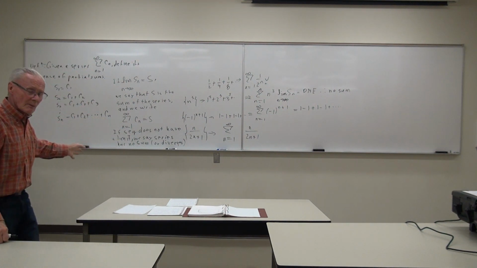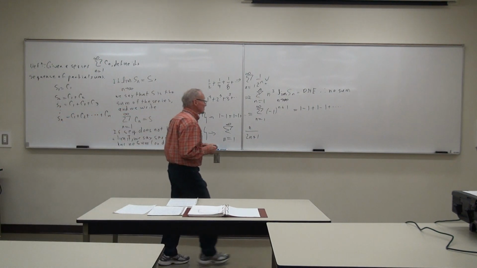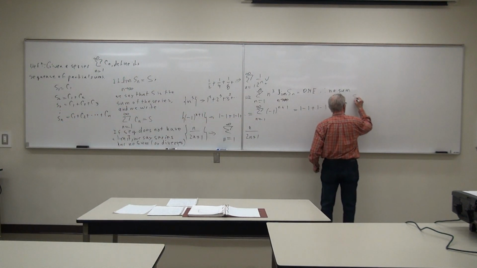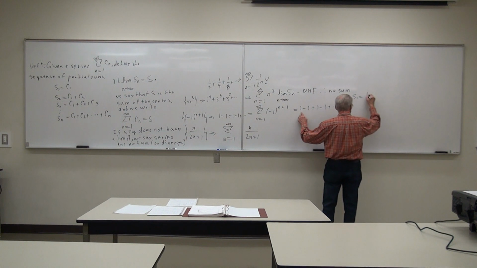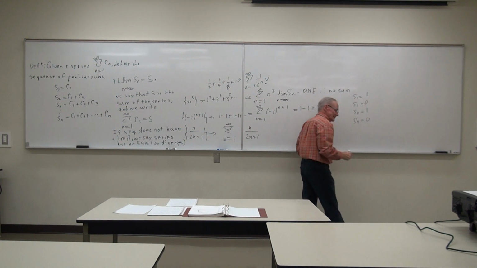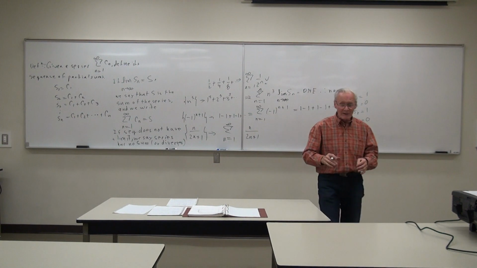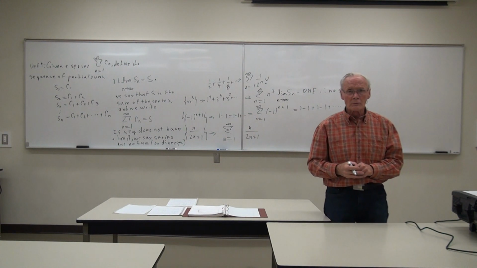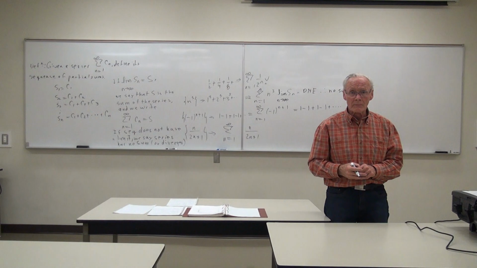You use it to find out what is S of 1. You're supposed to look at the sequence of partial sums. That's 1. What's the sum of the first 2 terms? That's 0. What's the sum of the first 3 terms? That's 1. Sum of the first 4 terms? 0. Does that sequence have a limit? Answer, no. Therefore, no sum.